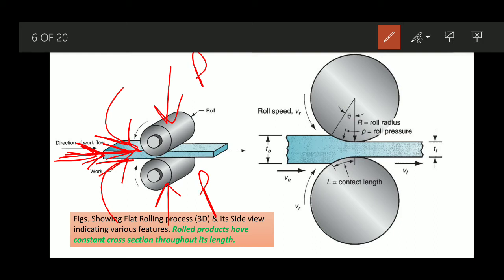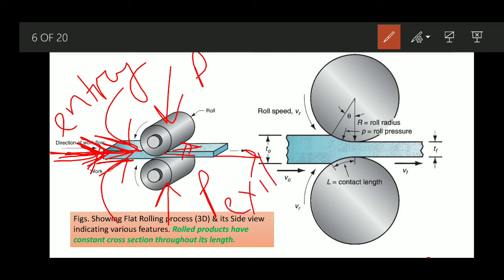From this side it is entering, this is the entry side, and from this side it is going to exit, this is the exit side.